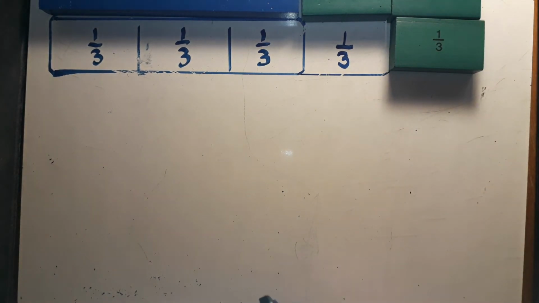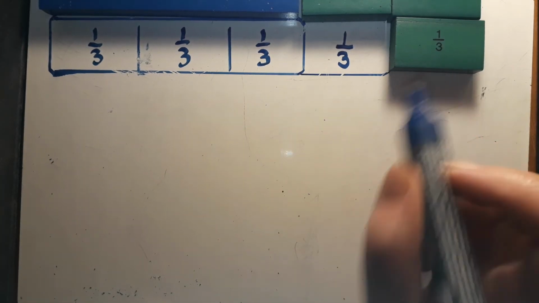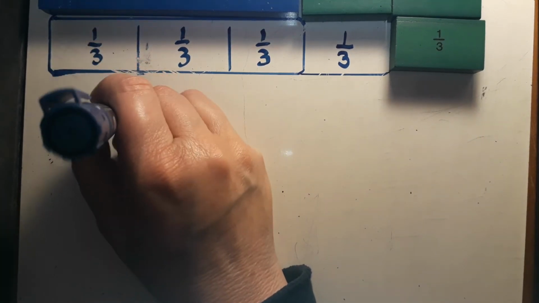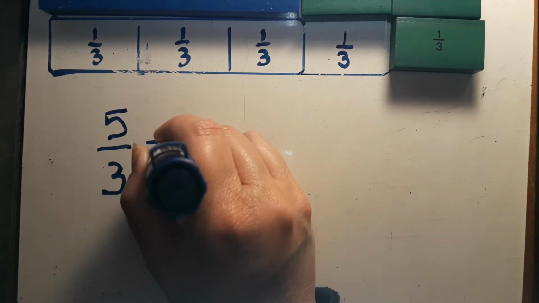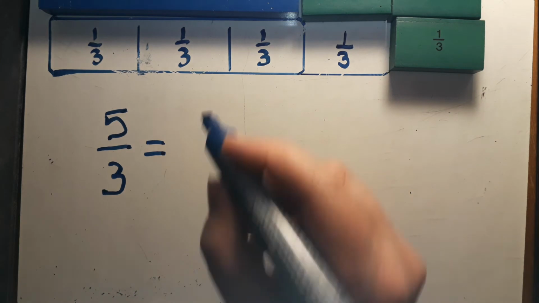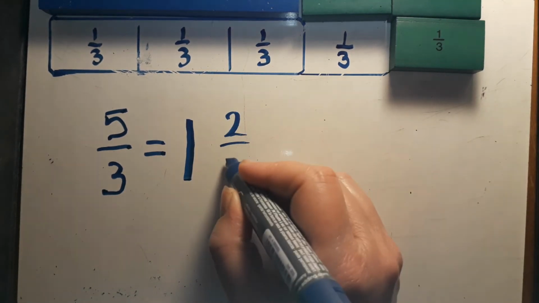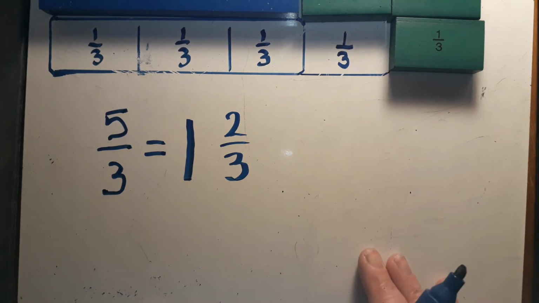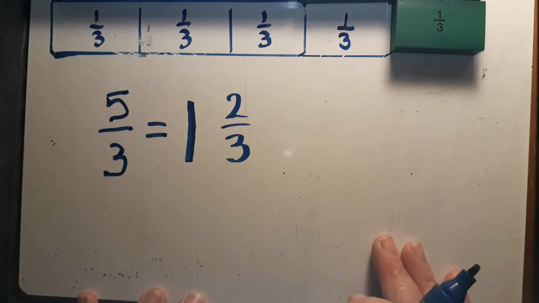So we can see that 1, 2, 3, 4, 5/3 is the same as 1 whole and 2/3, and I can use division to help me prove it as well.